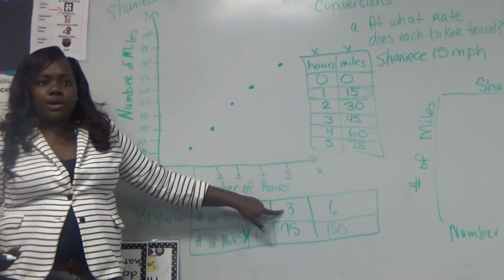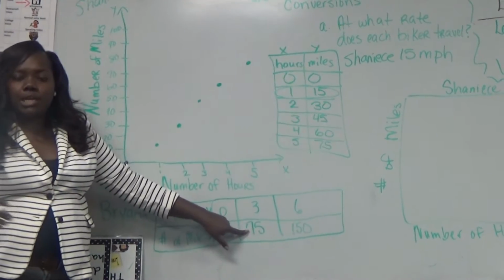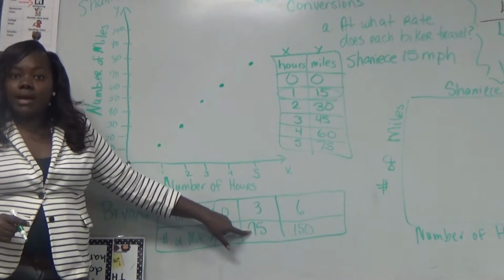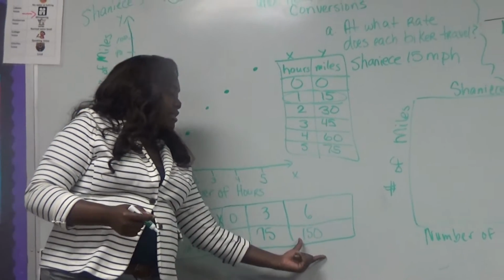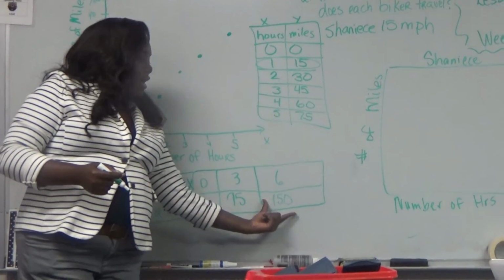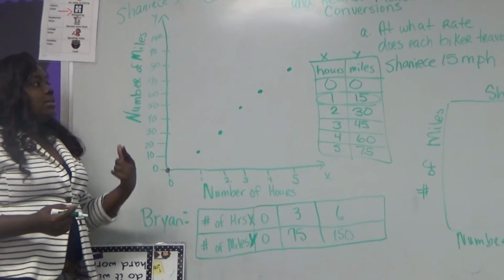So think about quarters, okay? If I have 75 and I put it into 3 equal groups, how much money do I have? 25 cents. All right, if I have $1.50 and I split it with 6 people, how much money are they getting? 25 cents.